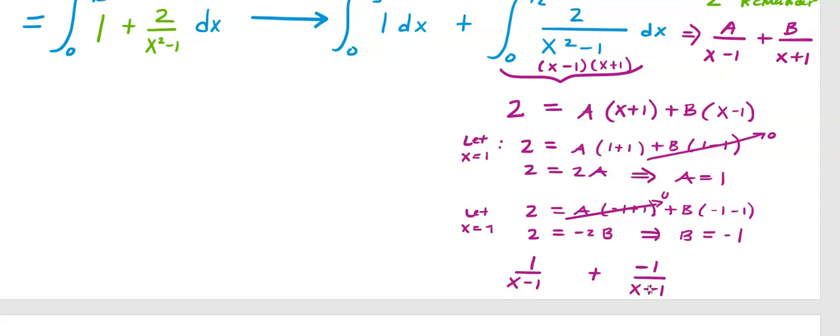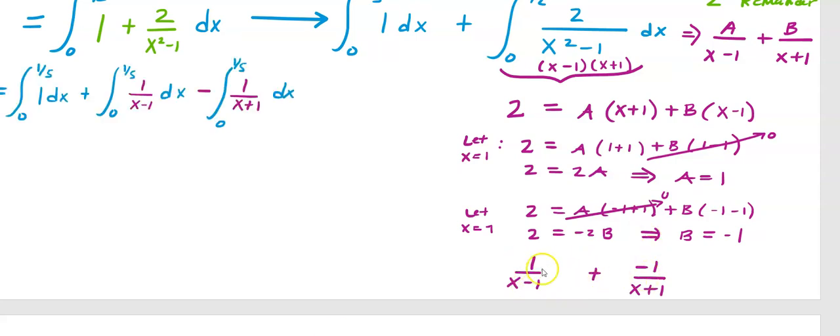Okay, so now I'm going to take a moment and rewrite these integrals over here to see if we can find their answers. I took our two partial fractions that we decomposed, and we have now rewritten 2 over x squared minus 1 into these two integrals with separate fractions for each.